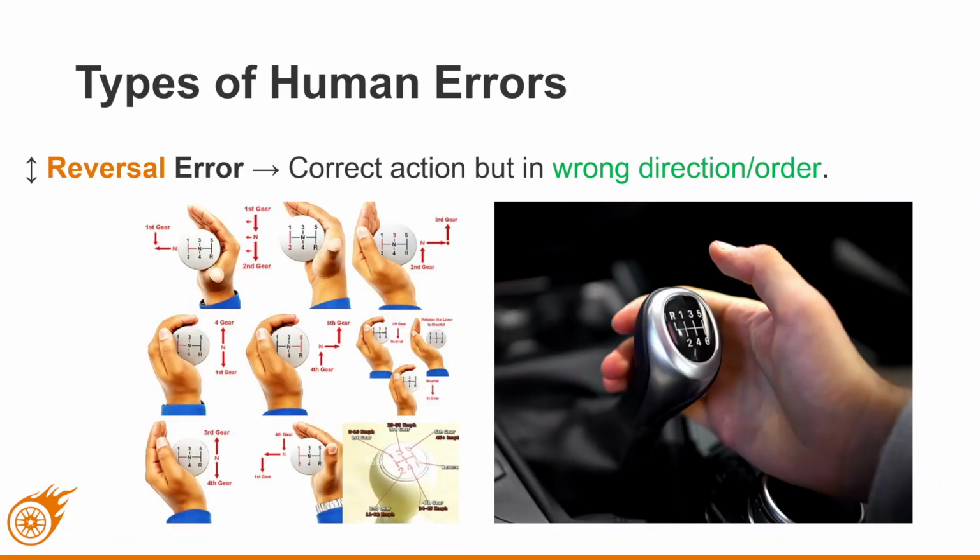If you have a certain startup procedure and certain switches that have to be flipped in a specific order, set them up so that they're placed left to right in order, so the driver intuitively knows, okay, I go from left to right, switch, and press this button. So that's the takeaway for trying to avoid this type of error.